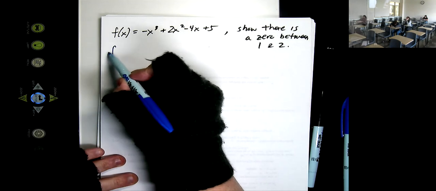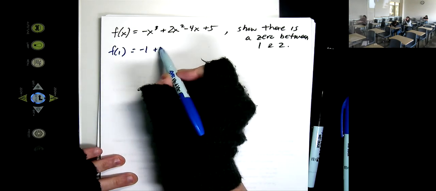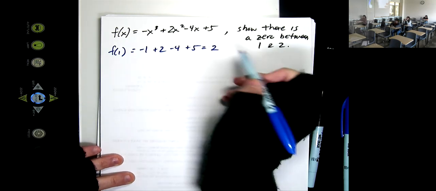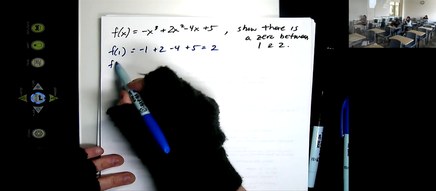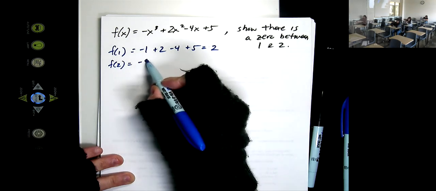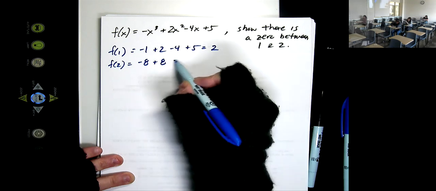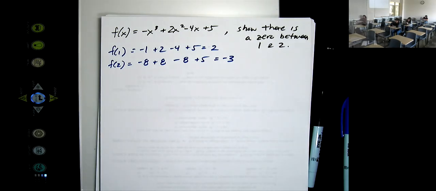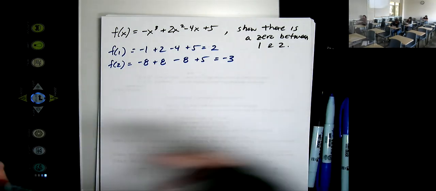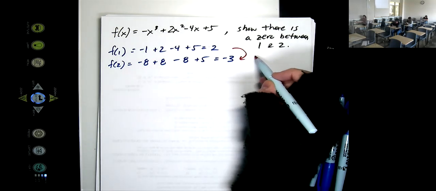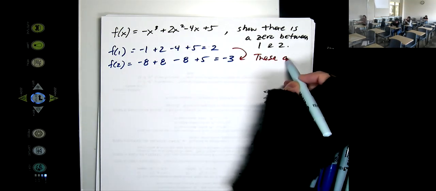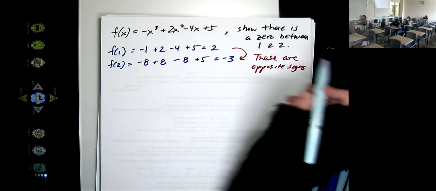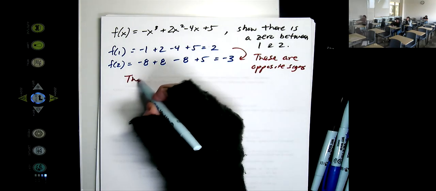If we do f of 1, I get 2. And I get negative 3 for f of 2. These are opposite signs, and so there is a 0 between them.